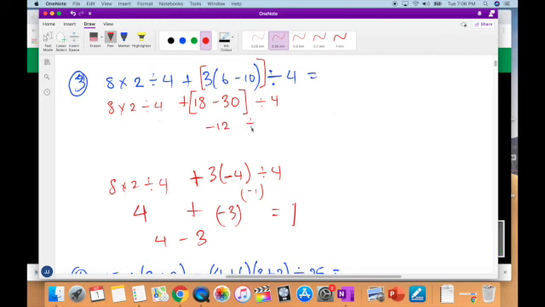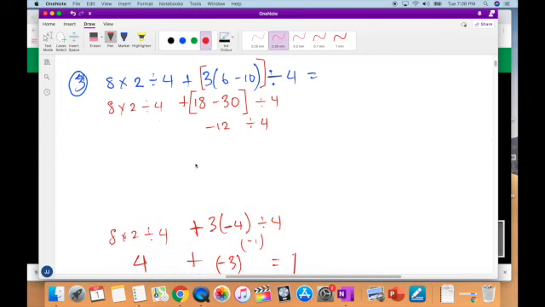Negative 12 divided by 4, right? So negative 12 divided by 4 is what? Negative 3. And then on this side here, you still had that plus sign. And then on this side here, did you get 4? Well, look, we get back the same thing. 4 minus 3 is 1.